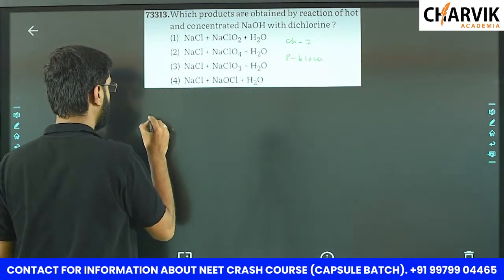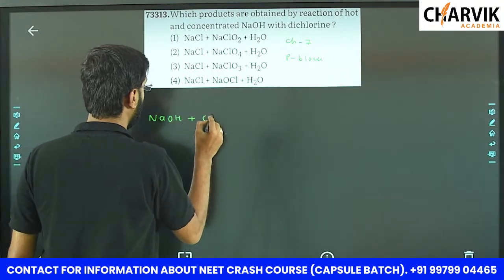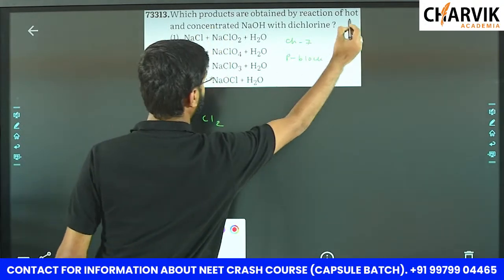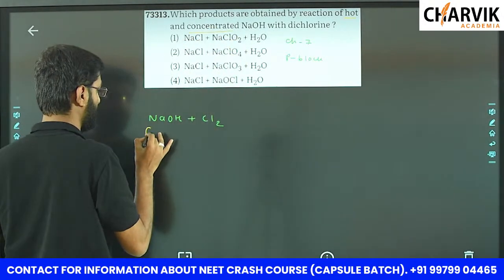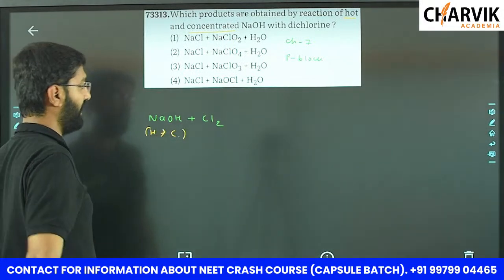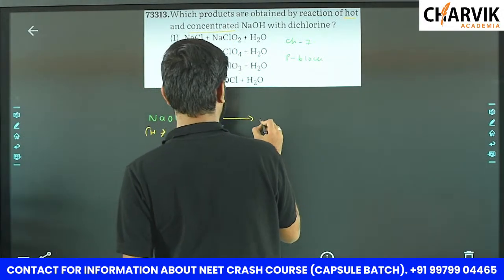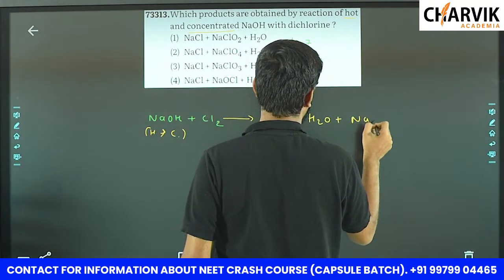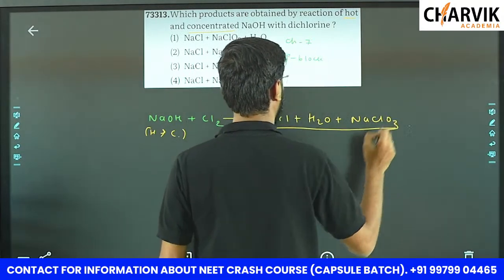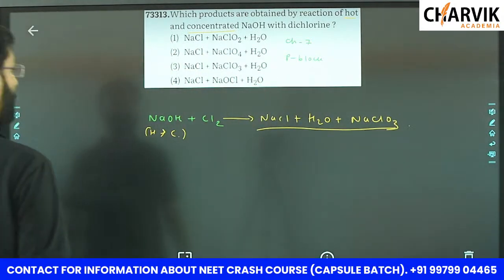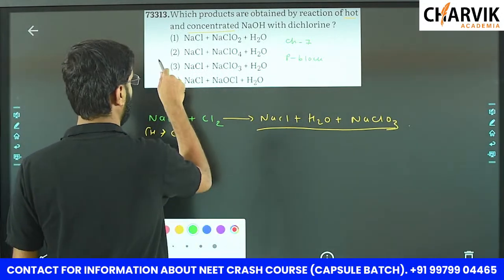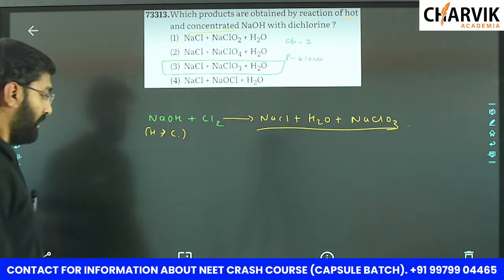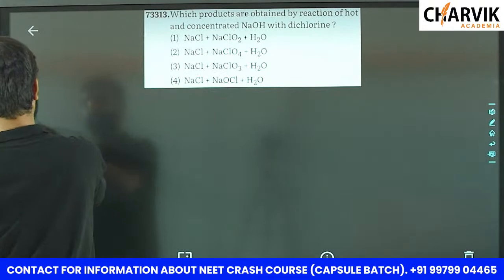If you react NaOH and Cl2, but the NaOH is hot and concentrated, then you will get NaCl, H2O and NaClO3. So your correct answer is the third. Okay, move to next question.